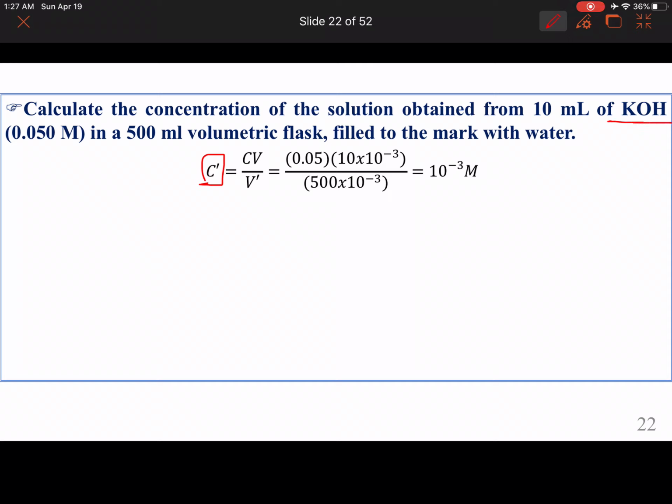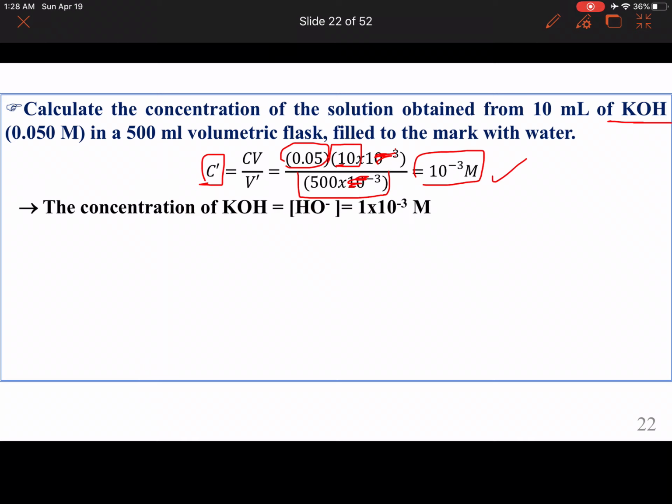So the concentration of KOH in solution will be the old concentration times the volume used from that divided by the total volume of the solution, or the new solution volume. Of course, the volumes, you don't really need to put them in liters, and they're put here in liters, but it's not necessary. You can keep them in milliliters, and once they're in milliliters, you are fine.